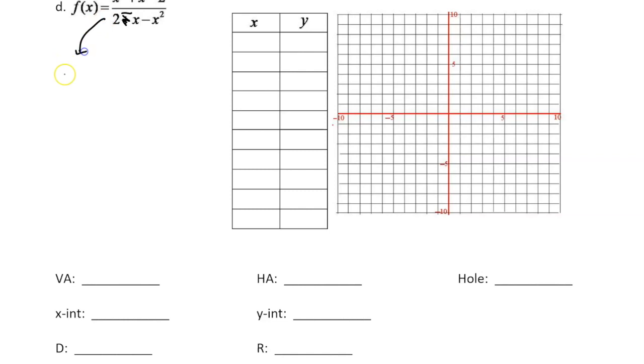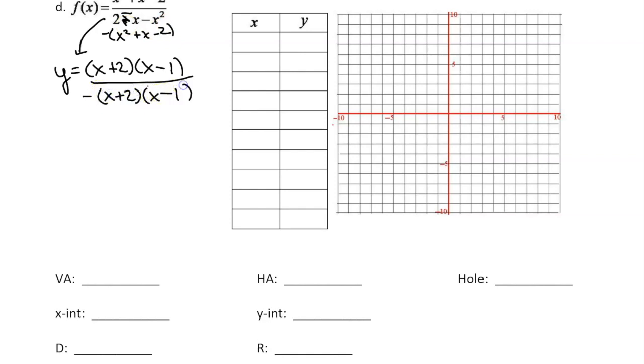On your numerator here, you could say, well, that could factor to be x plus 2, x minus 1. And on your denominator, if you factor out a negative sign, you'd be left with a positive x squared plus x minus 2, which is identical to your numerator. So you'd be left with x plus 2, x minus 1.